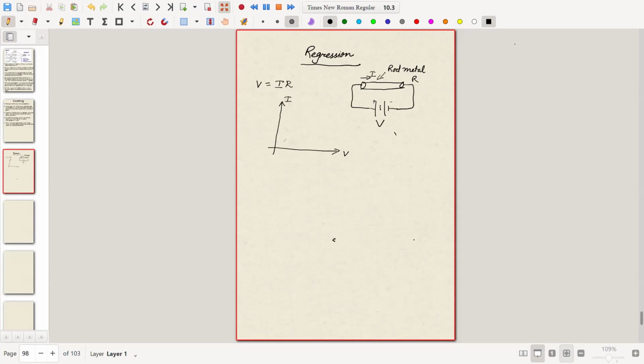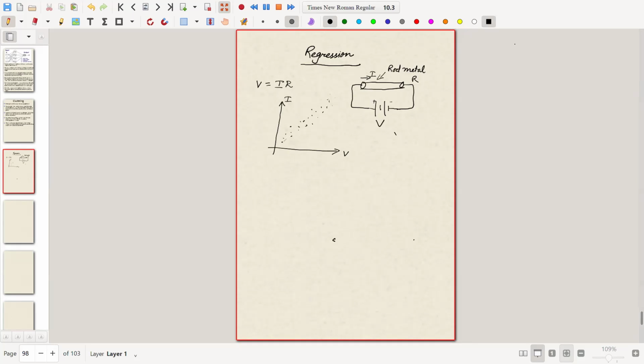So what you do is, for any voltage you give to your metal, similarly the current will change, right? Yes. So you give different voltages, and for different values of voltage V, you will have different kinds of data points. A lot of different data points.